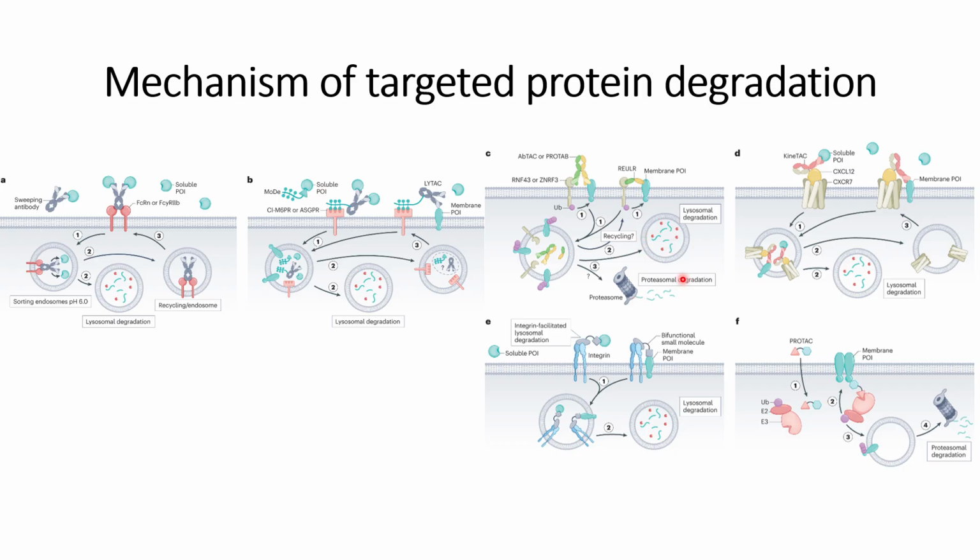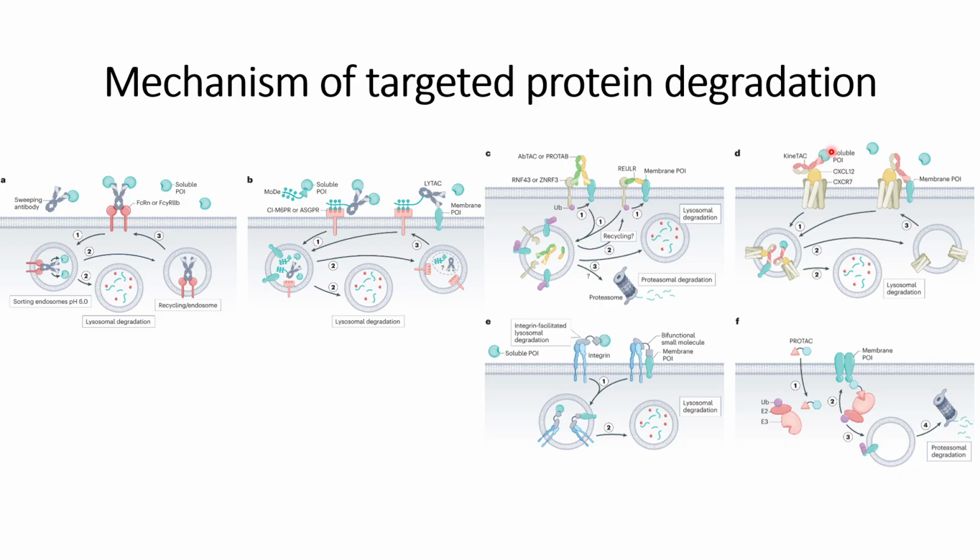From that, all the receptors will recycle back, and the targeted protein will go to lysosomal or proteasomal degradation. The next one utilizes the natural recycling cytokines. In this case, the ChiTAC that is made has natural recycling cytokine receptors at one end, and at the other end it will bind to the target protein.